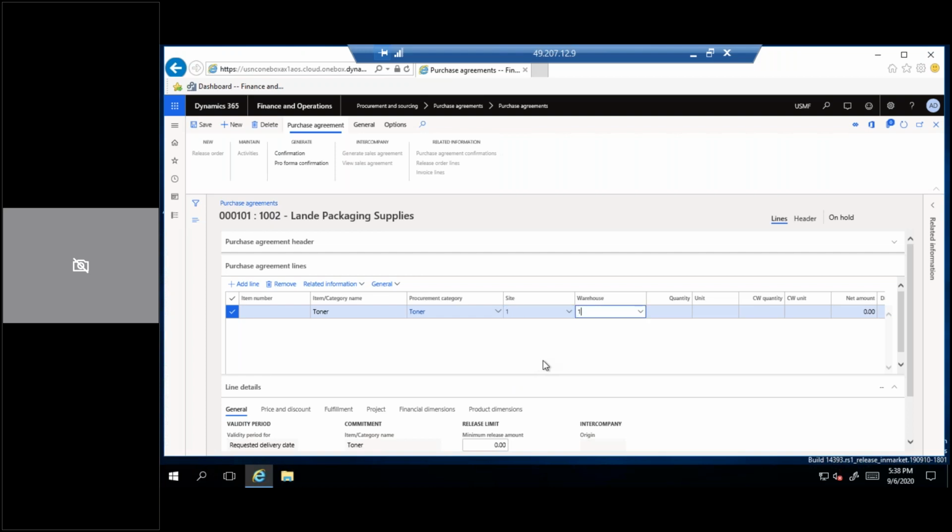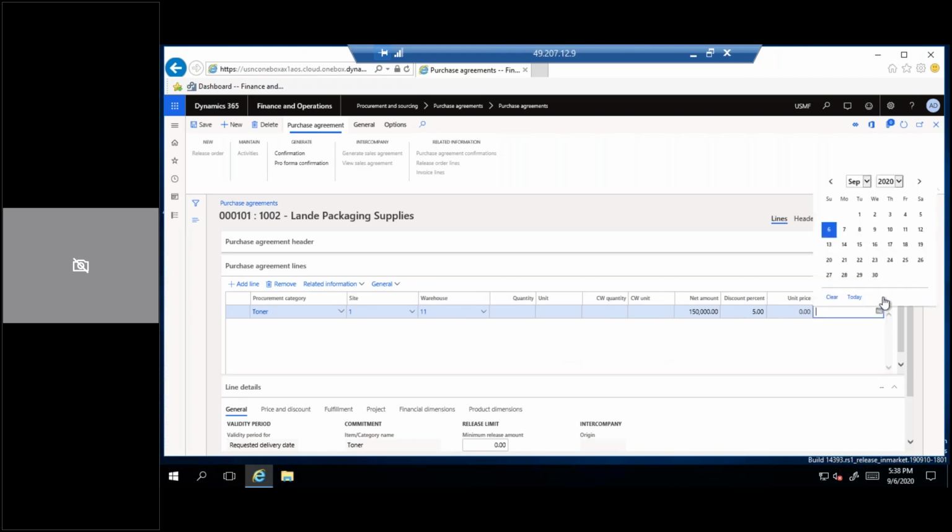Here we are selecting tuner. Suppose this is 1,50,000, then 5% discount. So you need to enter the expiry date.